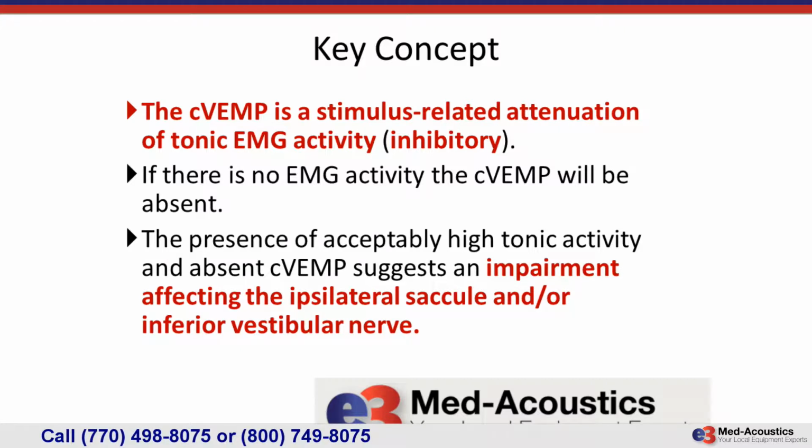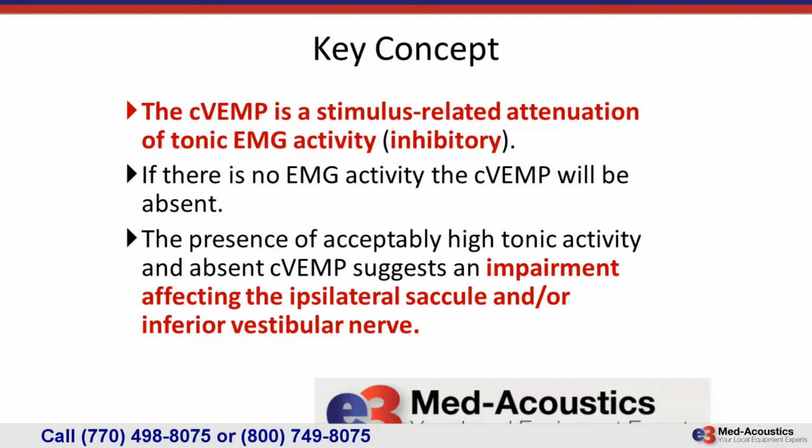Here's a key concept. The CVEMP is a stimulus-related attenuation of the EMG activity in that sternocleidomastoid muscle. So it's an inhibitory response, not an excitatory response. It's inhibitory. That's a key feature of this test. Different than the other tests that we're used to doing in audiology, the other electrophys tests.